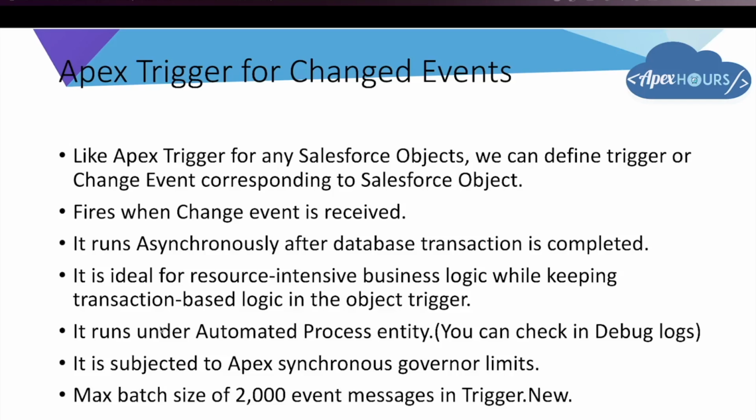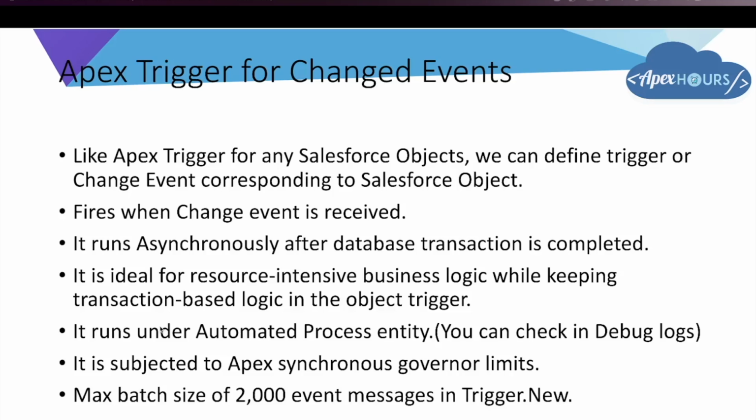We can also subscribe outside Salesforce using CometD libraries or subscription APIs. I've also created videos and put them on my channel, Salesforce Musketeer, where you can use CometD libraries to subscribe to platform events. So whenever a platform event is published in Salesforce, it can be captured in a Java application. CometD can also be used to capture change events and PushTopic.